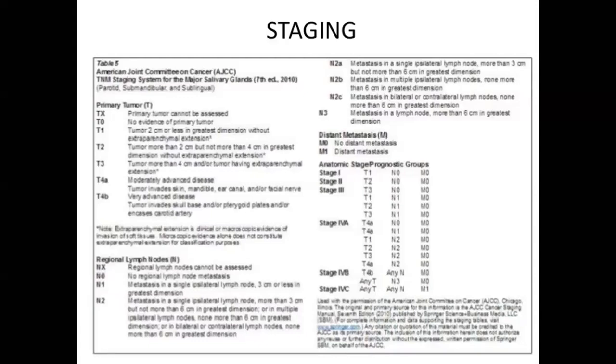Stage 4 is further divided: stage 4A is T4A, N0, M0, T4A, N1, M0, and T1, N2, M0, T2, N2, M0, T3, N2, M0, or T4A, N2, M0. Stage 4B is T4B, any N, M0, or any T, N3, M0. Stage 4C is any T, any N, and M1.